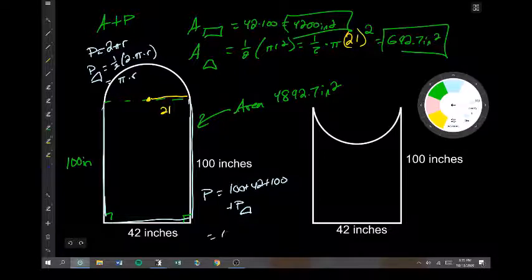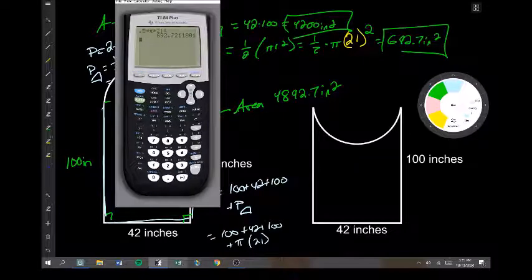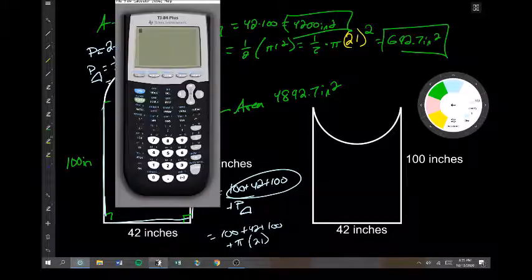So if I do the 100 plus the 42 plus the 100 plus pi times my radius of 21, I'm going to get the perimeter. I can't believe I just typed that in instead of typing 200. 100 plus 42 plus 100 is just 242 plus 21 pi. 307.97.